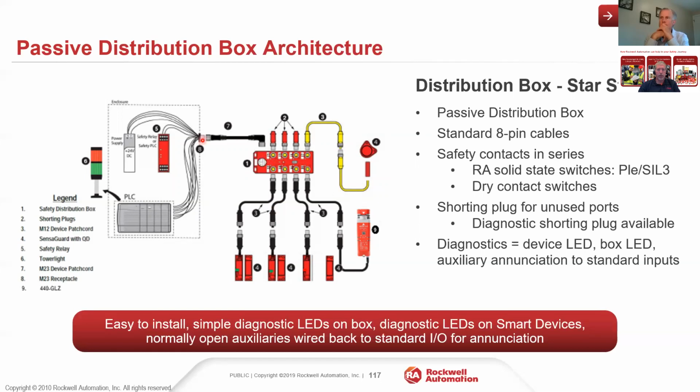And then you also pull individually each auxiliary contact from those devices back to a PLC input card for annunciation at the machine itself. So that's another Lego set. So we get more diagnostics. We're kind of centrally hub and spoke kind of located here, star topology, however you want to say it. But we get some additional diagnostics. But we still have to run a good number of wires to make that happen.